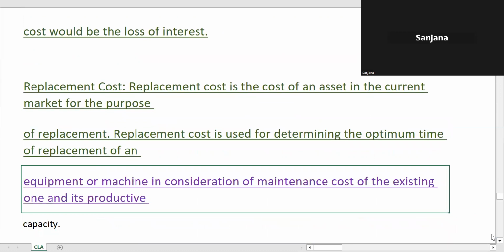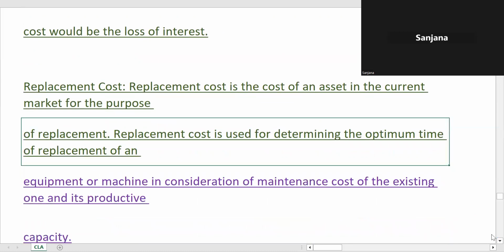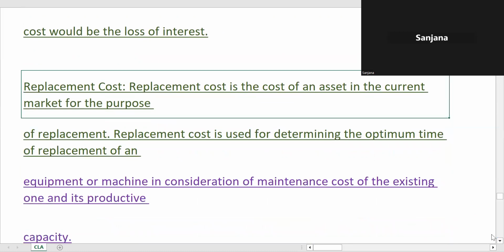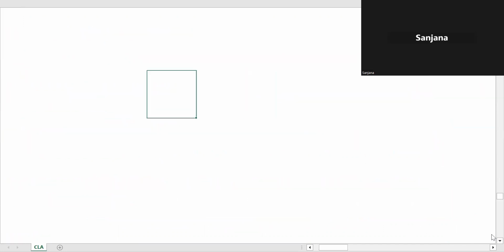So whenever you want to replace an equipment, you have a current equipment, and you are thinking whether you will replace it in year 1, year 2, year 3. When should you replace it?